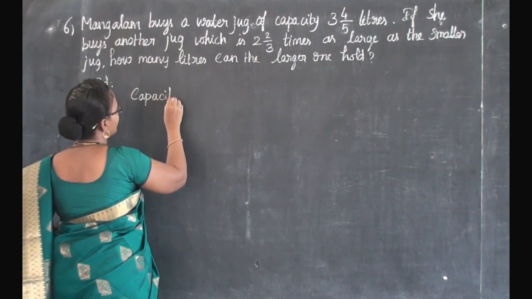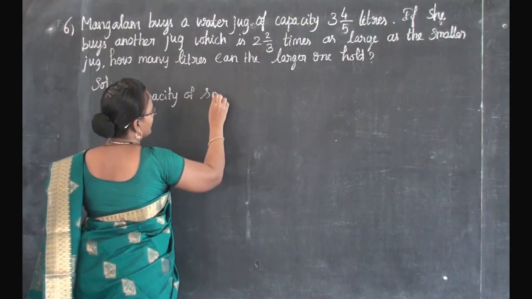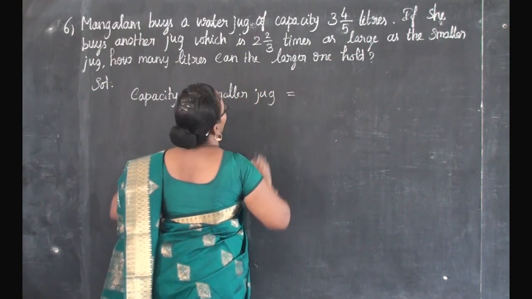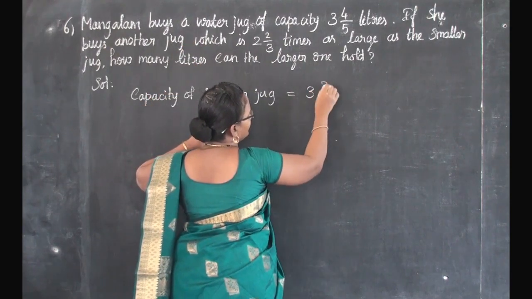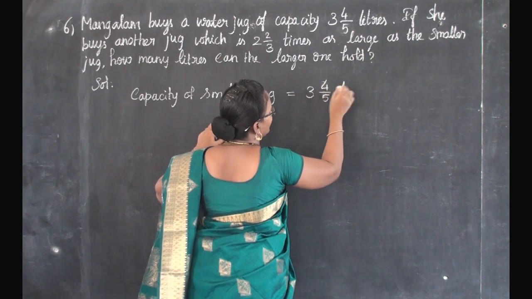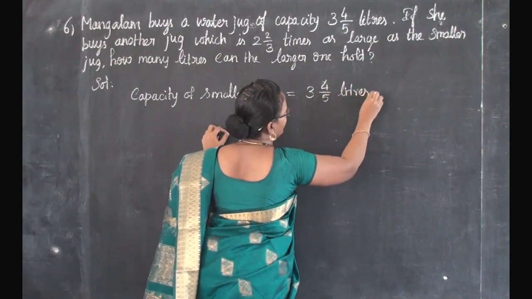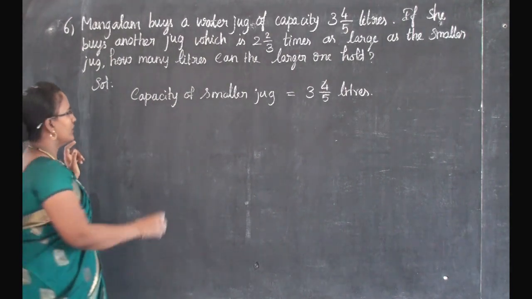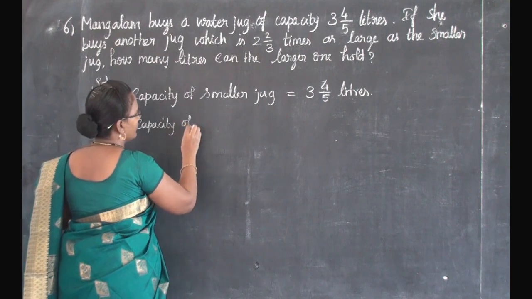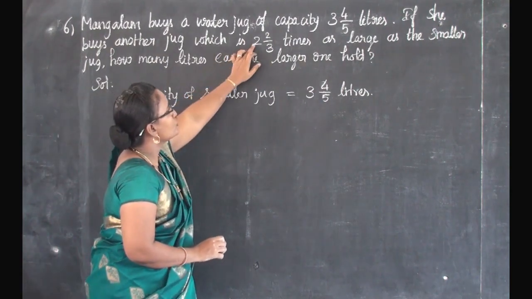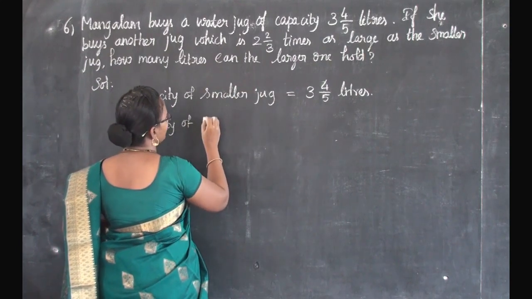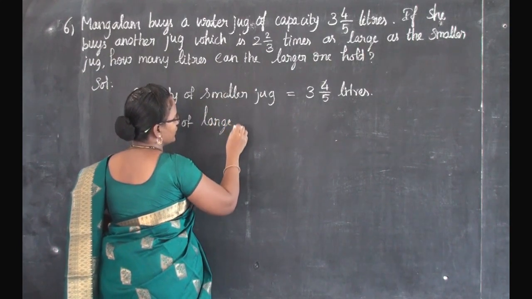Its capacity, that is capacity of smaller jug, is equal to 3 4 by 5 liters. Now we have to find out the capacity of the larger one. One clue is there, that is 2 by 3 times as large as the smaller jug. Times means multiplication.